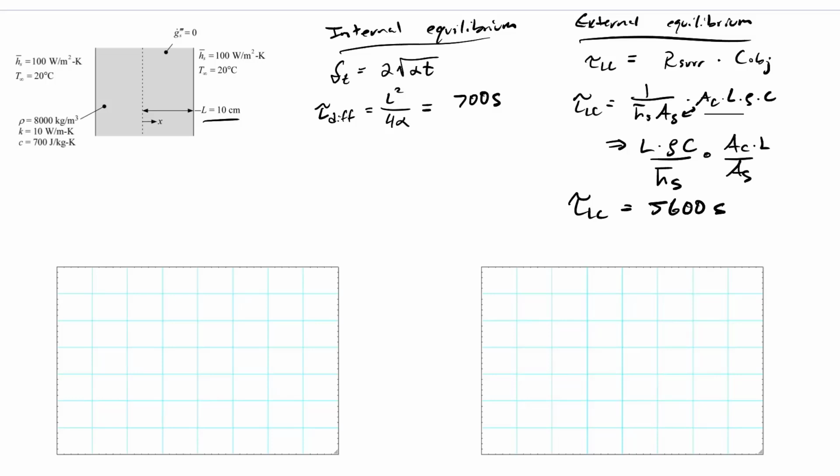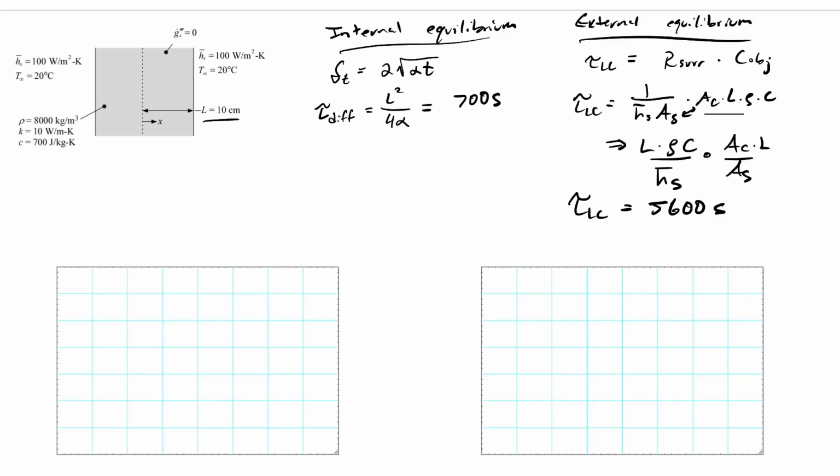Let's say we did the calculation correctly and came up with tau LC of 5,600 and tau diffuse of 700. What does that say? It says it's going to take much less time for the heat to propagate in and come to an internal equilibrium than it is for this entire body to come to equilibrium with its surroundings.